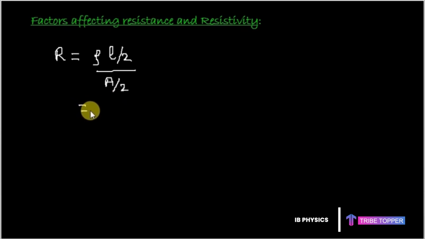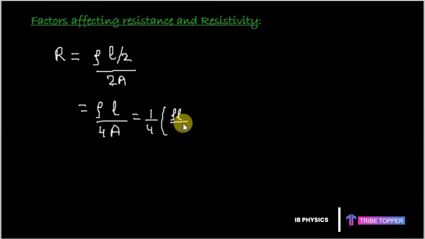How would the resistance get impacted? We have the length becomes half and the area becomes double, so you have 1 upon 4 times, so just take out this 4 outside. Inside you have rho L by A, which is the original resistance. So the resistance becomes 1/4 of the original resistance.